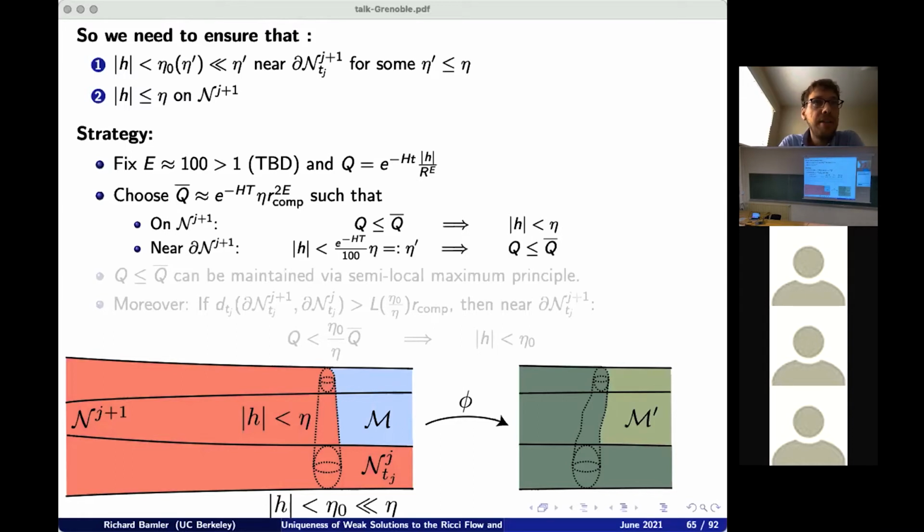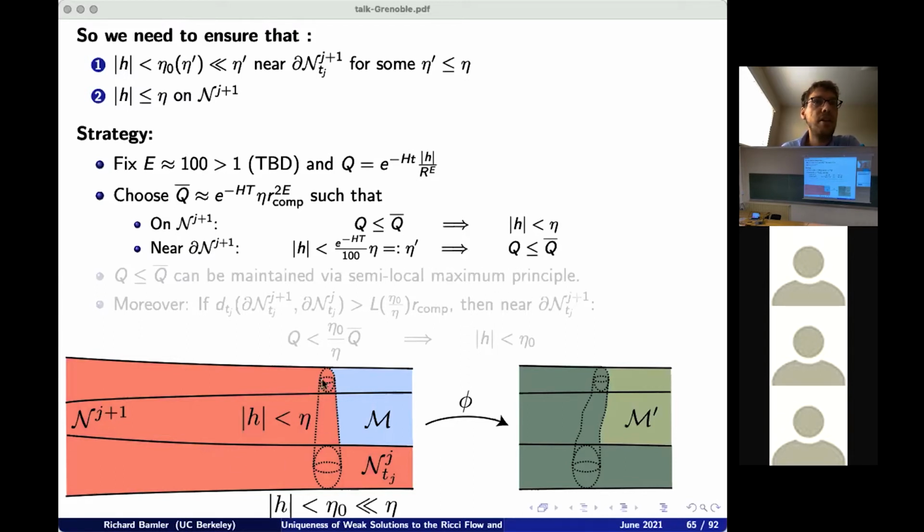On the other hand, we also get some version of the reverse implication. Right? So we get that if H is smaller than some number eta prime, which I choose sufficiently smaller than eta, just depending on these other factors, then near the boundary of nj plus 1, this would imply that Q is bounded from above by Q bar.